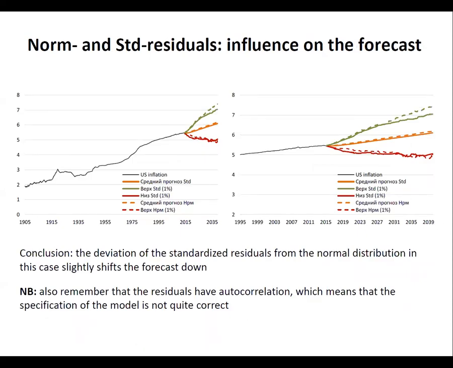This slide of our ARCH model examples shows the difference in predictions when using a normal distribution of standardized residuals and using a student's t-distribution for these standardized residuals. Solid lines are the student's predictions. Dashed lines are based on normal distributions.